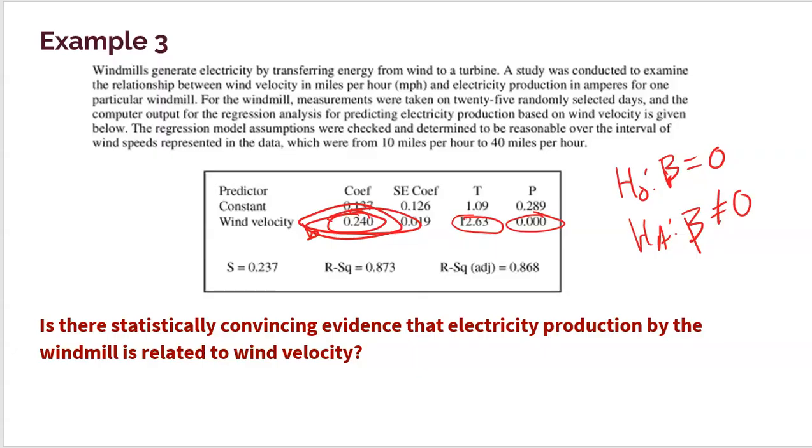There is significant evidence that electricity production by windmill is related to wind velocity. So I think it's pretty cool that we understand all these numbers, I hope by now. But if you just look at this chart, you don't really need a whole lot else to say, look at that p-value. There's clearly a relationship between these two variables.